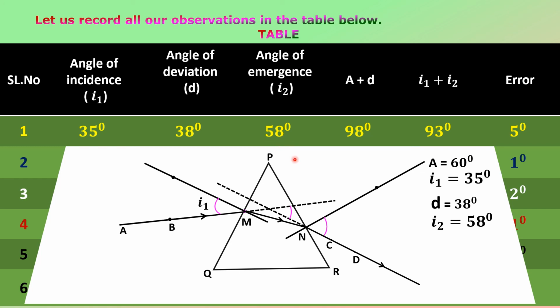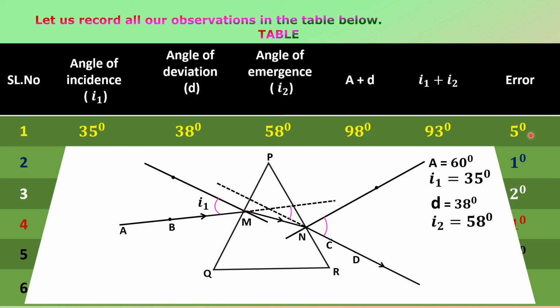Then what is the sum of A and D here? 60 plus 38, 98. A plus D value is 98, and I1 plus I2, that is 93 degrees. So 5 degrees error is there in this.